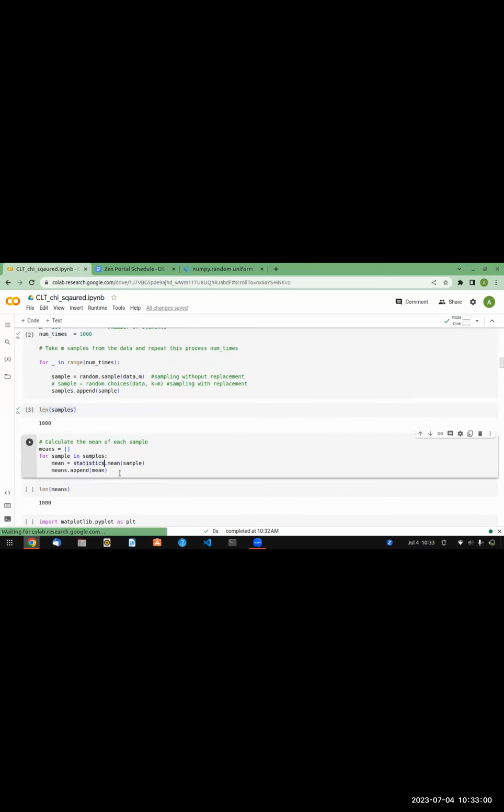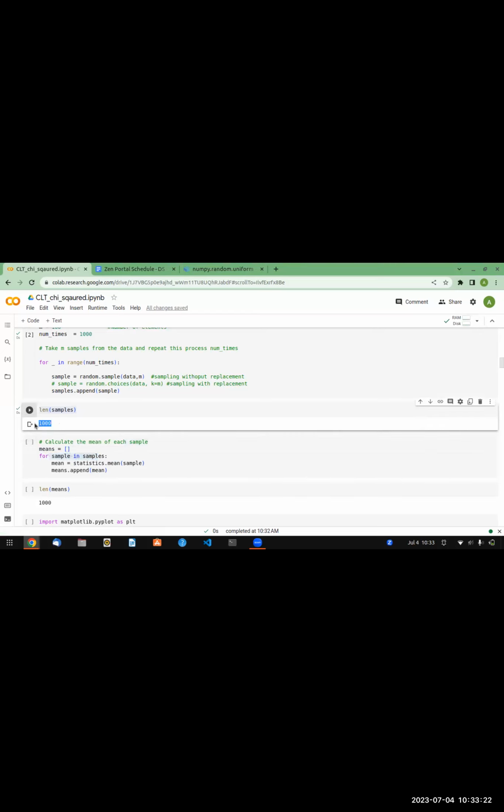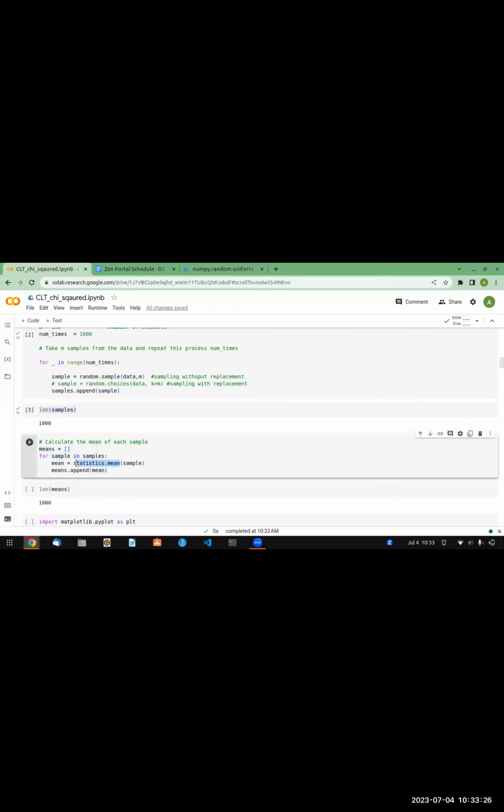Here I'm creating an empty list to store all the means. And how do we calculate the mean of every sample? You iterate over the samples list, which contains 1,000 samples, and for each sample you use the mean function to calculate the mean value.